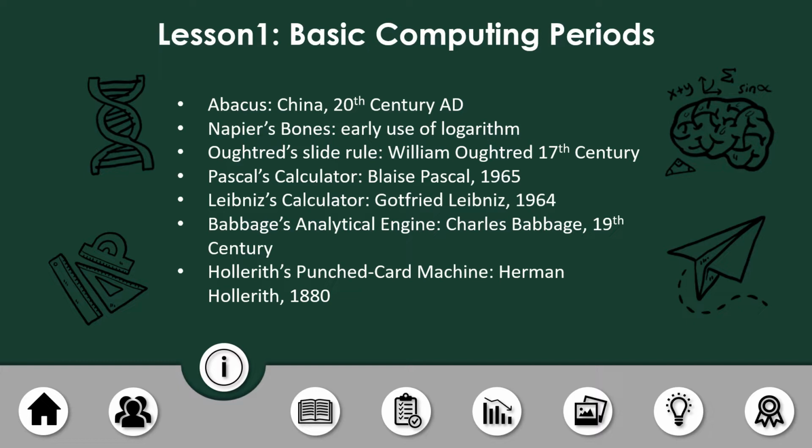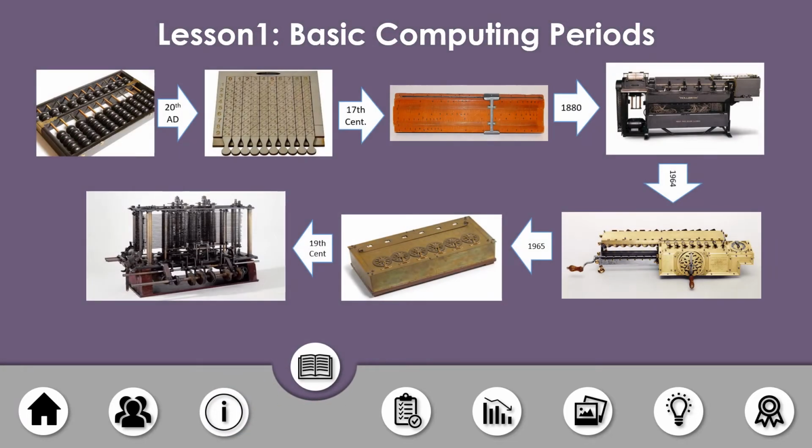So for us to clearly understand that, we have here our tools. These are the basic computing tools for the basic computing periods. We have the abacus, the Napier's bones, the slide rule, the punch machine, the Leibniz calculator, the Pascal's calculator, and the Babbage's machine.